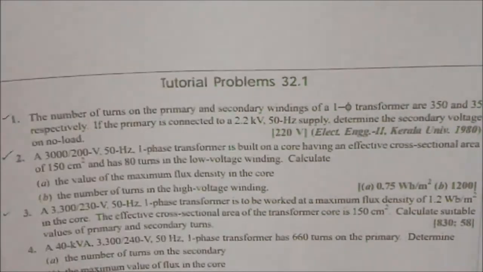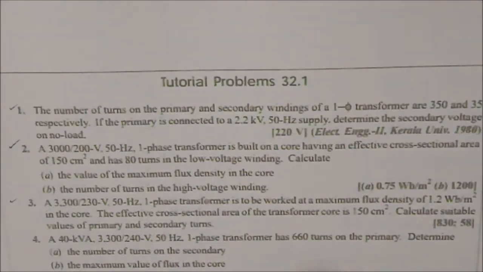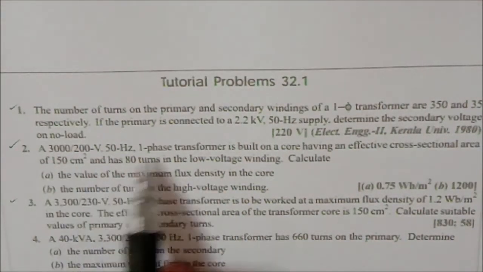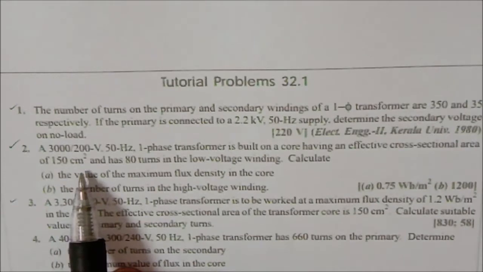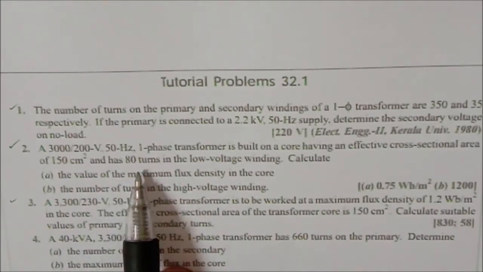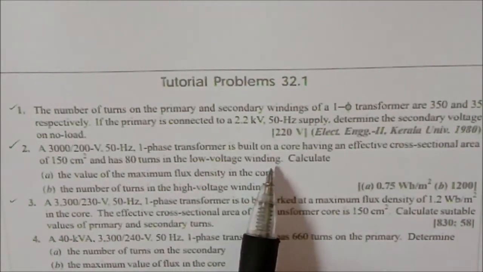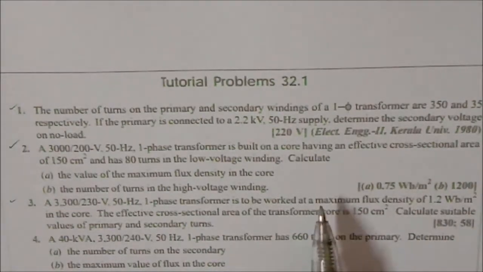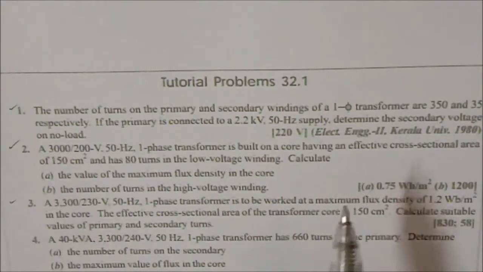Okay, so number 2. So alalahanin natin 3,000 to 200 single phase, 150 cm squared yung area natin, 80 turns in the low voltage winding. So ibig sabihin nasa secondary siya. Okay. Alamin natin sagot. So, ano po ba yung mga given?